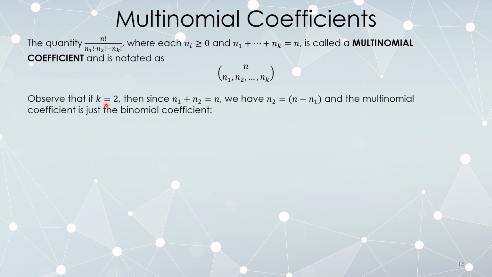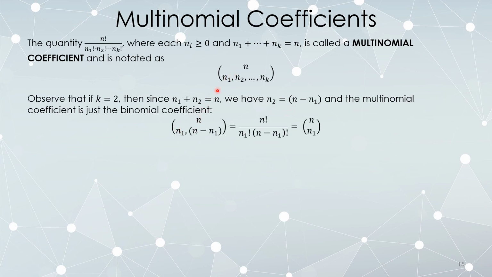So let's observe, if k is 2, then I have 2 colors, and altogether I have to account for all of my balls, but also n_2 must be n minus n_1. That's just saying color 1 plus color 2 is all the balls, and subtracting n_1 to the other side, you get right here. So for k equals 2, the multinomial coefficient actually spits out the binomial coefficient.